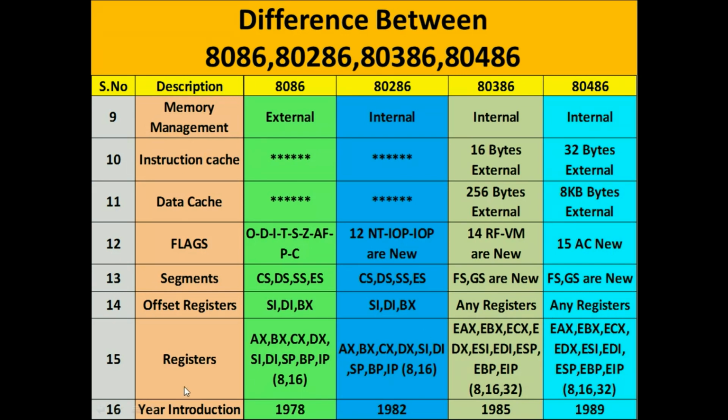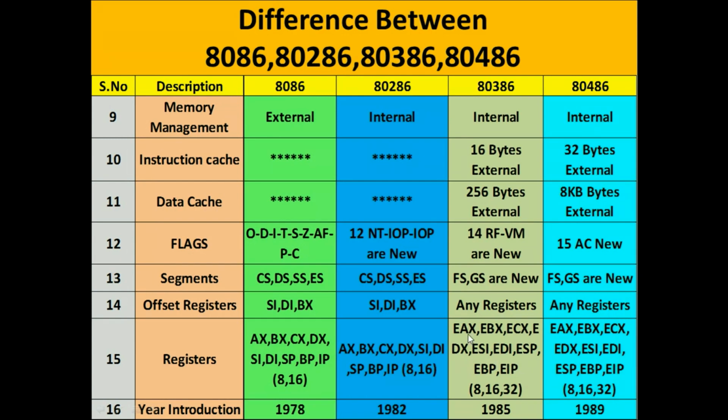And coming to the registers, these registers are 8-bit or 16-bit size for the 8086 microprocessor, and the 286 is also the same size. Those are accumulator, base register, count register, data register, source index, destination index, stack pointer, base pointer, and instruction pointer. These are the same for the 286 also. But for 386 and 486 it is somewhat different.